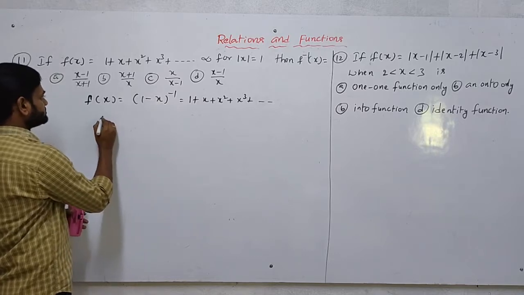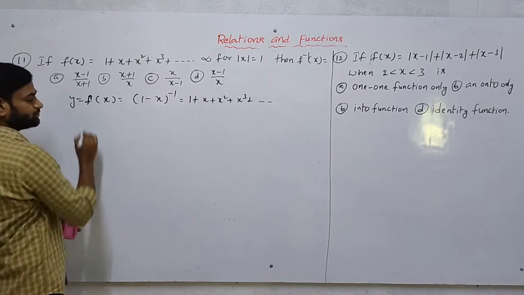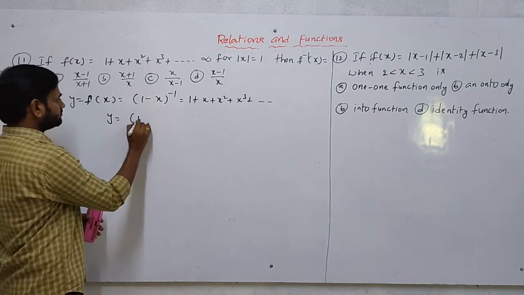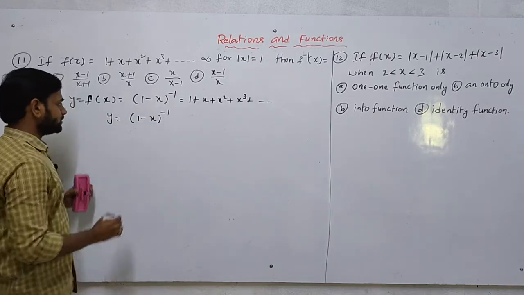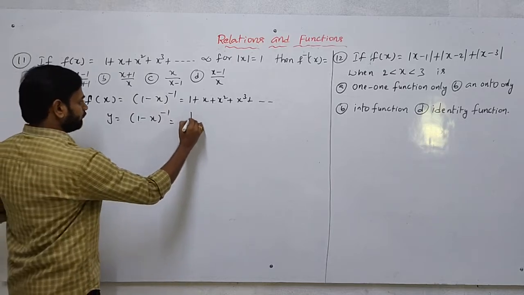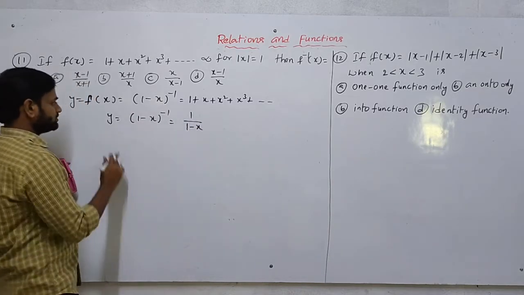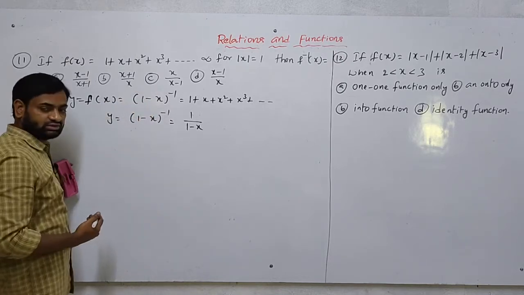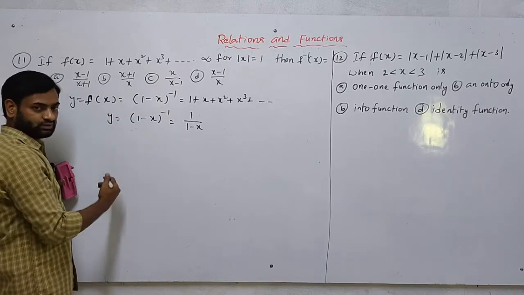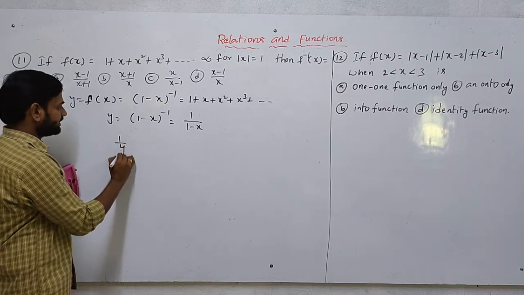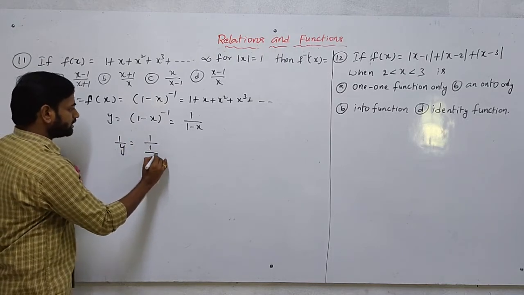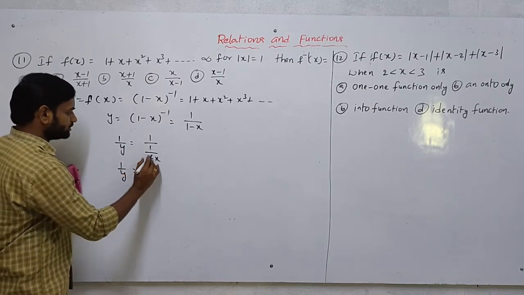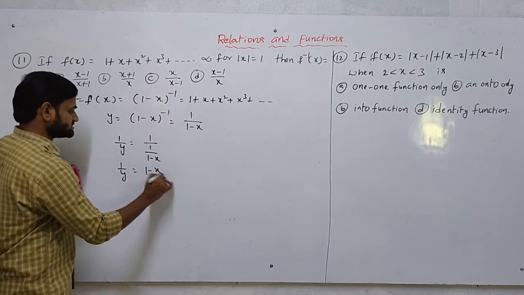Now take this f of x as y. So y equal to 1 minus x whole power minus 1, that is 1 by 1 minus x. So y equal to 1 by 1 minus x. Taking the reciprocal of this, 1 by y is equal to 1 minus x.